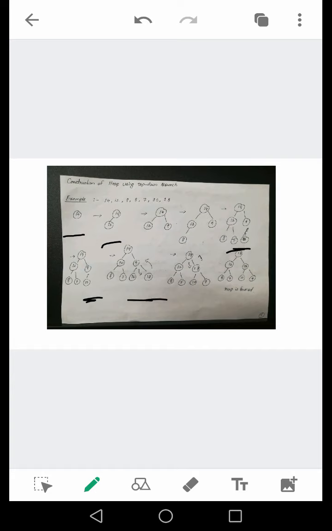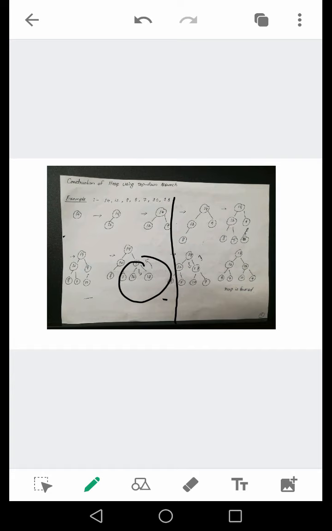So till now we have inserted all the elements in the list. Now we check the heap property, whether it is satisfied or not. Here we see that the parent node is lesser than the child node, so the condition is violated.